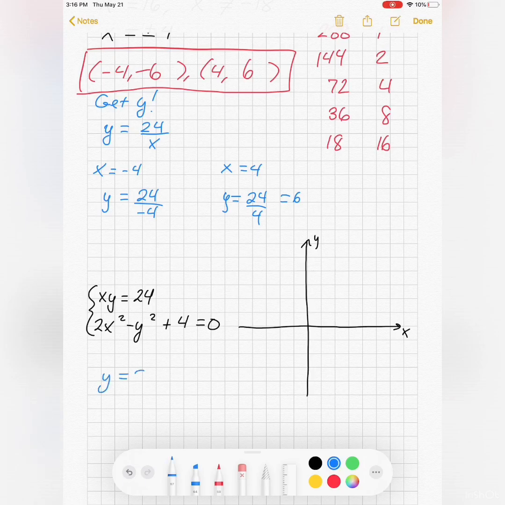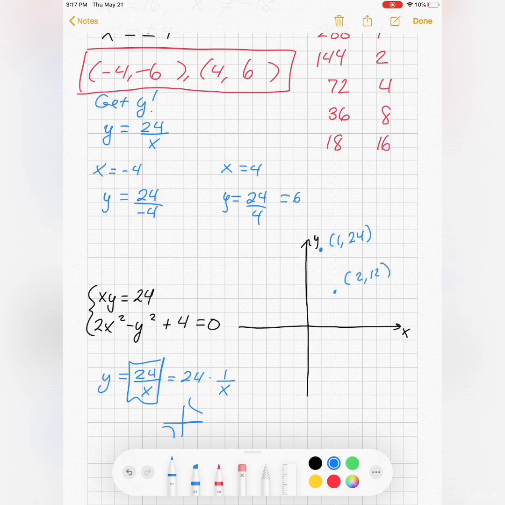So the first equation is 24 over x. That's 24 times 1 over x. Remember what 1 over x looks like? It's like that, but with a vertical stretch. If I plugged 1 in here, I would get 24, right? I'm not going to be able to do this to scale, so I'll label. If I plugged 2 in there, I'd get 12, somewhere here.